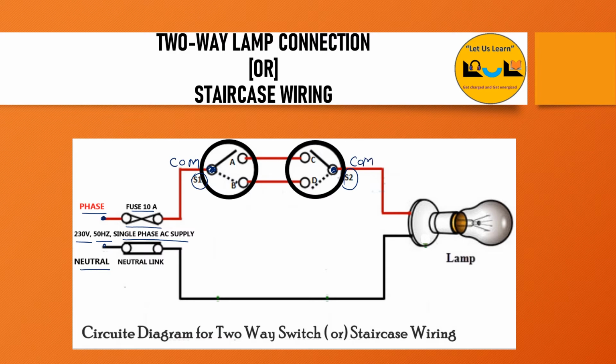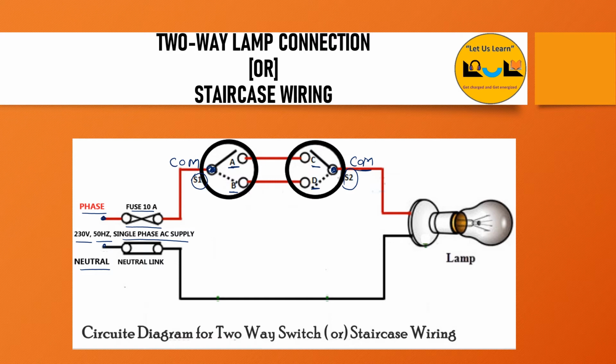As we already discussed, the two-way switch has three terminals. That is terminal A, terminal B and common for S1, and terminal C, terminal D and common for S2.